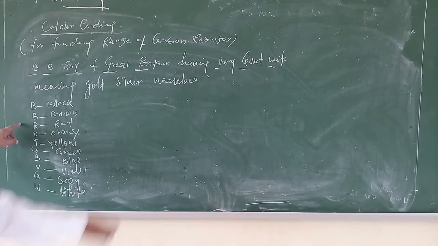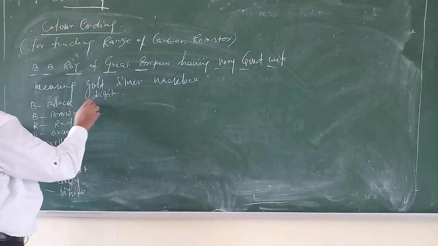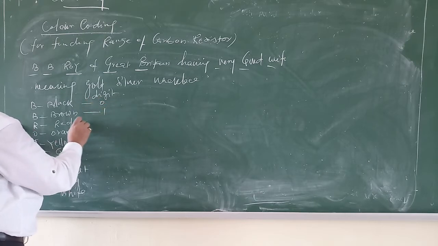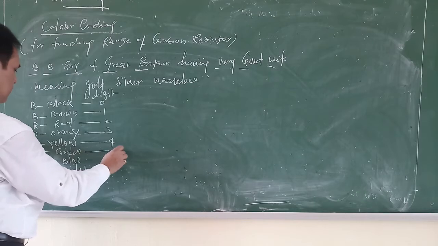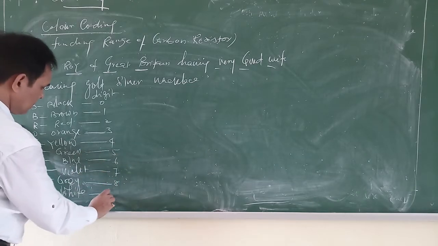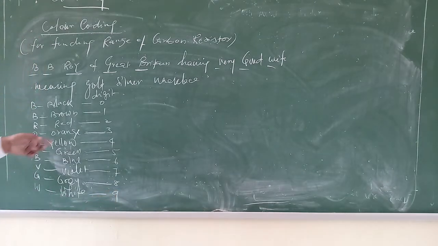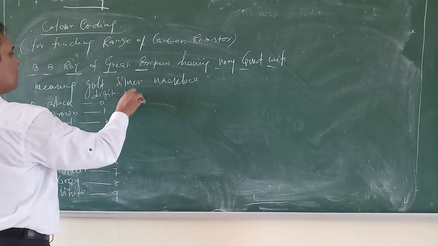All colors are represented by certain digits. This is 0, this is 1, this is 2, 3, 4, 5, 6, 7, 8 and 9. Arrange it like that. Nine digits are there, and then write the multiplier of power 10.